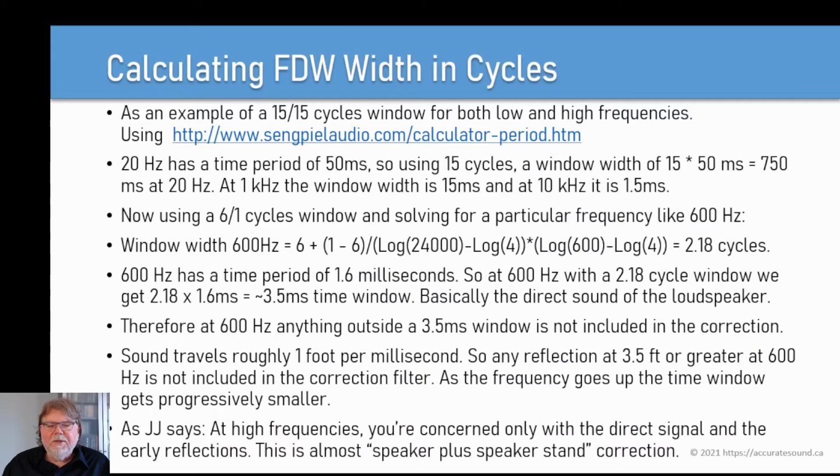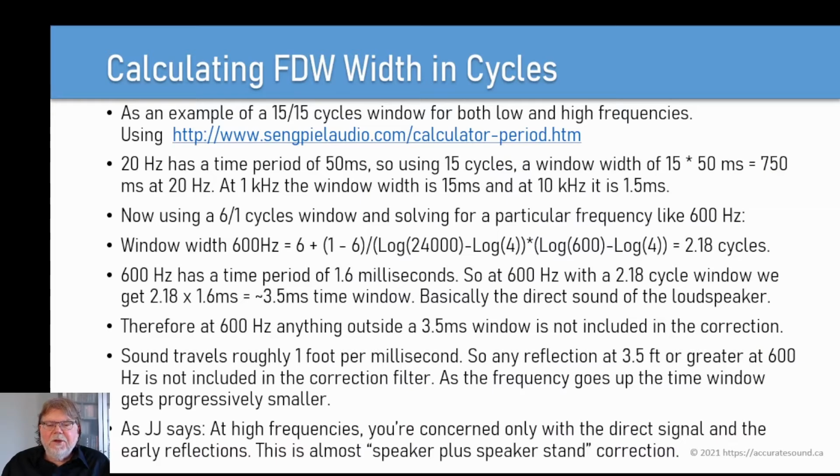And as we move up in frequency, the window gets even less. Therefore, at 600 hertz, anything outside a 3 millisecond window is not included in the correction. Sound travels roughly a foot per millisecond, so any reflections at 3.5 feet or greater at 600 hertz are not included in the correction filter.